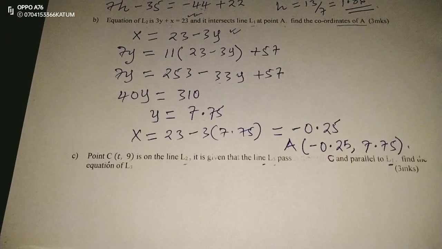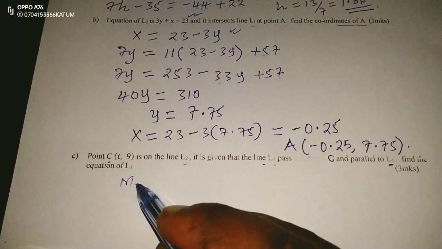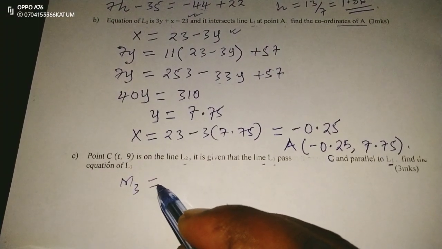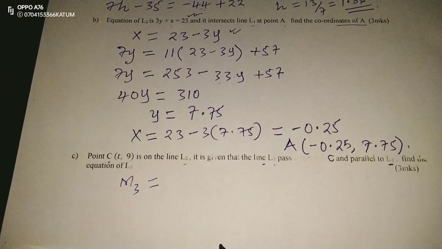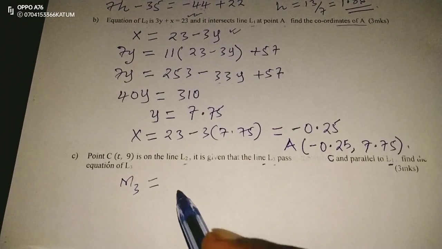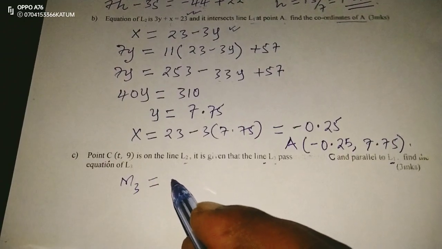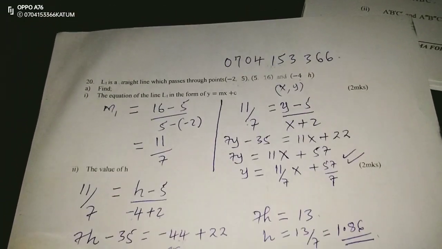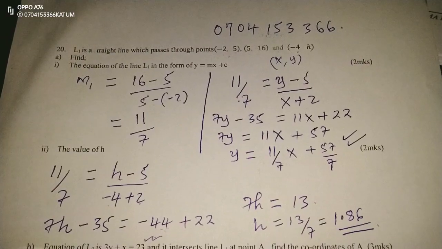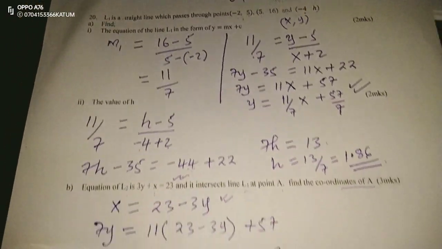Now, what we should know is that if the line is parallel to L1, then the gradient of L3 will be equal to the gradient of L1. For two parallel lines, their gradient is the same: 11 out of 7.